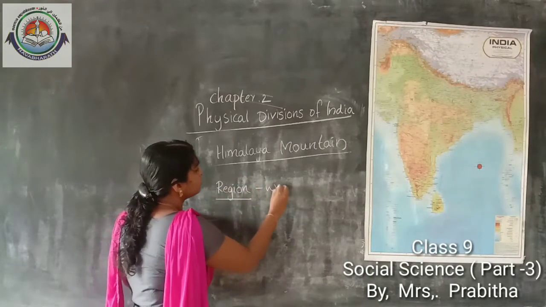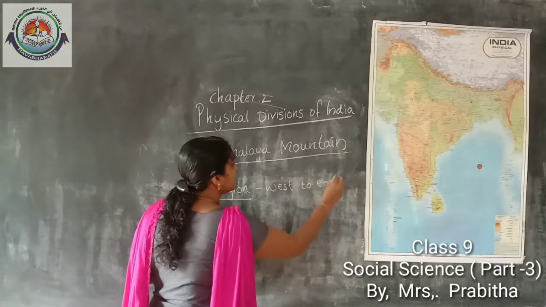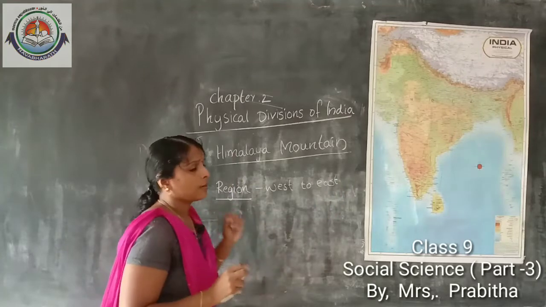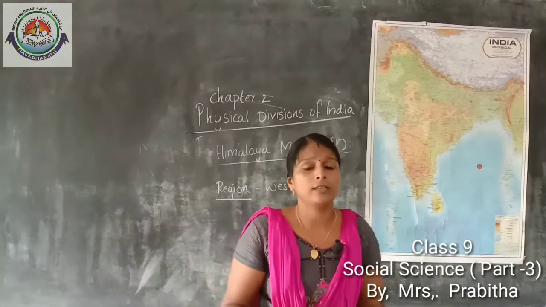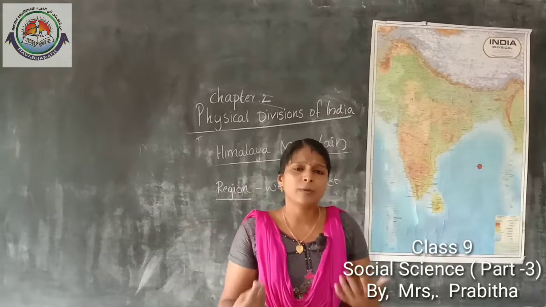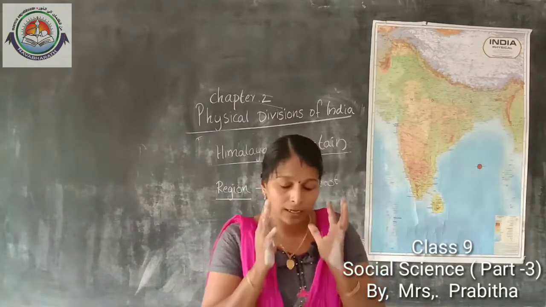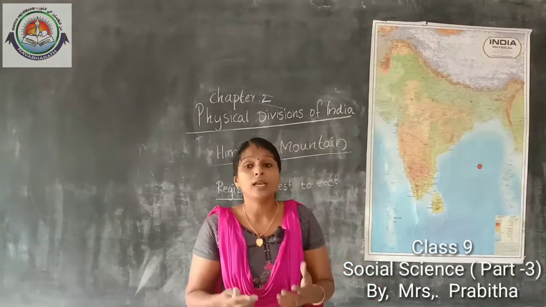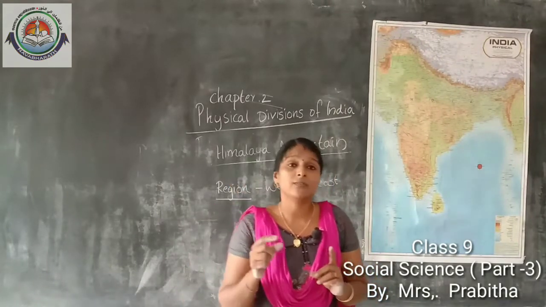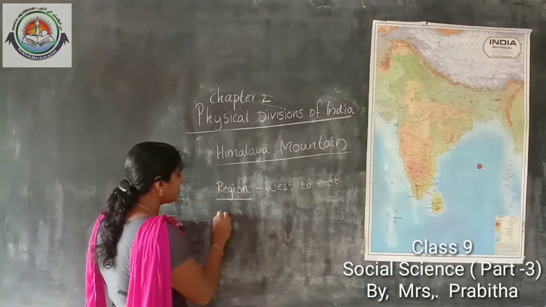They are demarcated by some river valleys. For example, the Himalaya lying between Indus and Sutlej river is known as Punjab Himalaya.